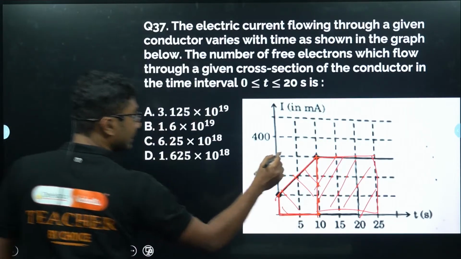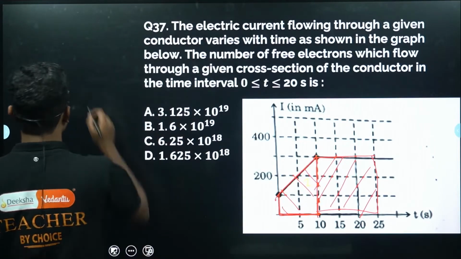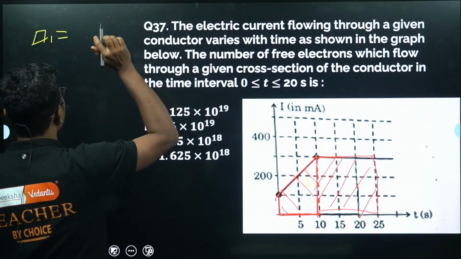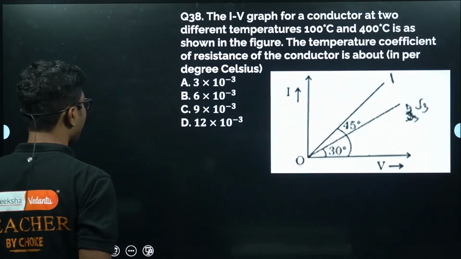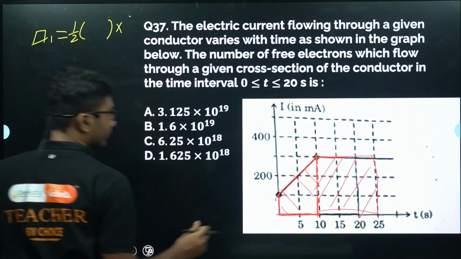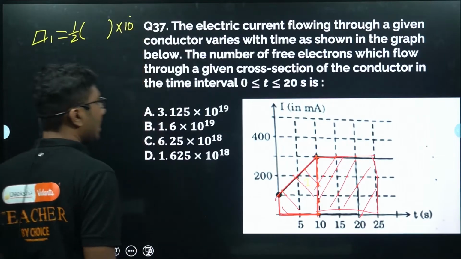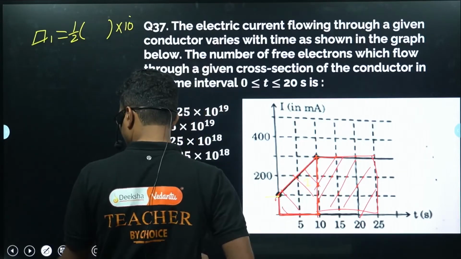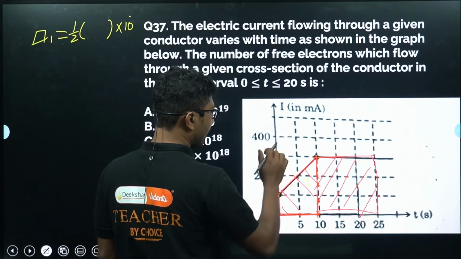Let's say this is number 1. So the area of the trapezium, number 1, is given by half of the sum of the parallel sides times the distance. The distance is 10 seconds, right? Now what is the sum of this and this? Obviously you can tell from the graph, this is 400, this is 200, there is only one line between them.